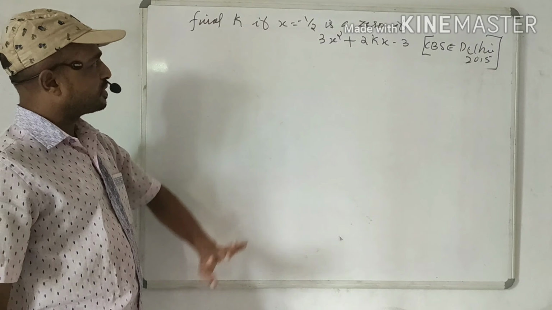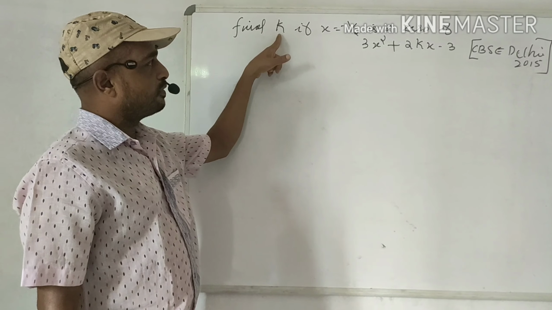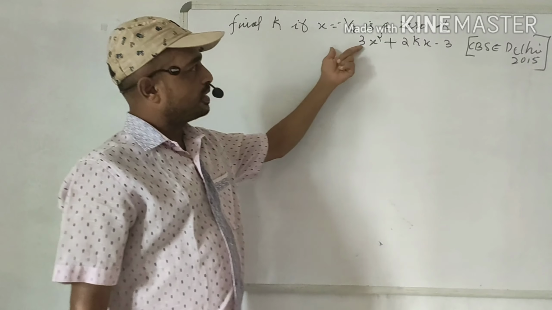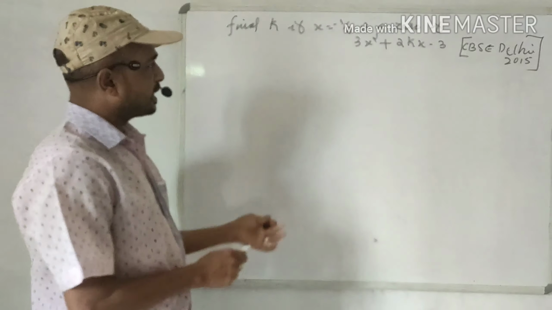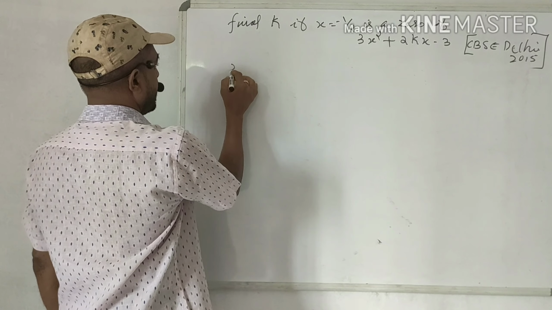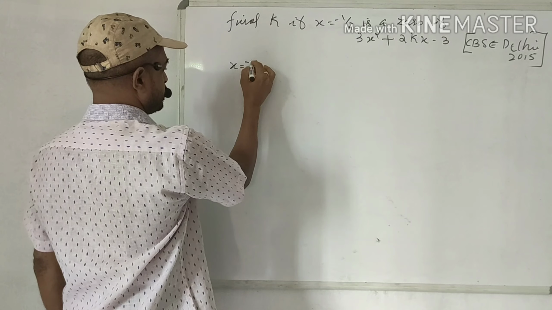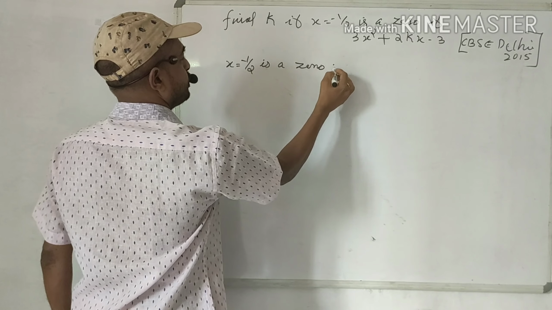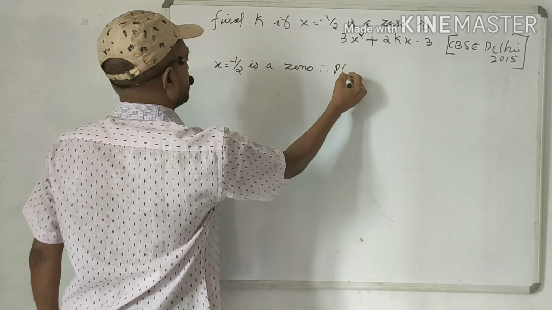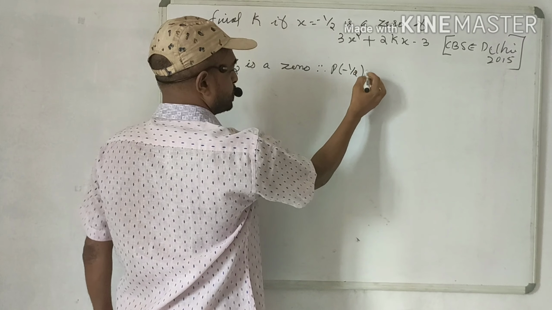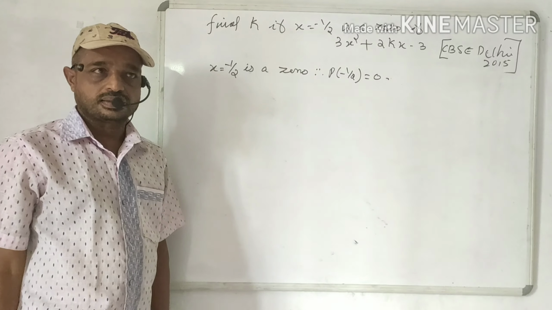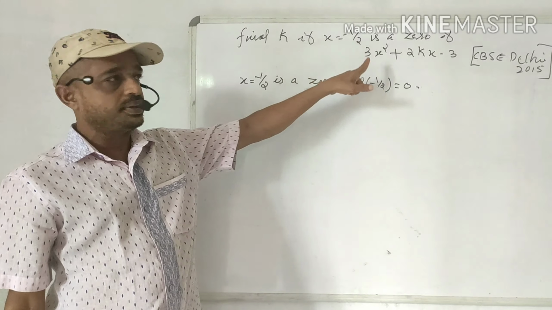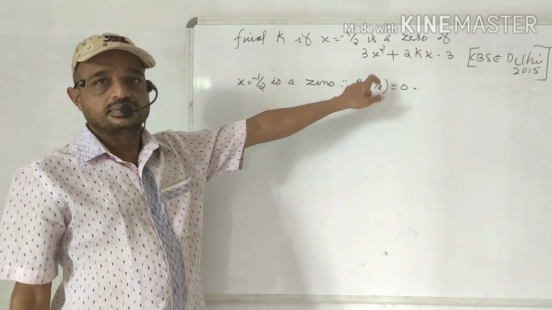This is a board examination question. You are required to find the value of k if x equal to minus 1 by 2 is a zero of this polynomial. We know that if x equal to k is a zero of the polynomial, p of k will be 0.